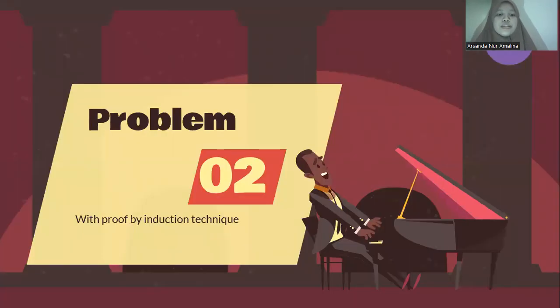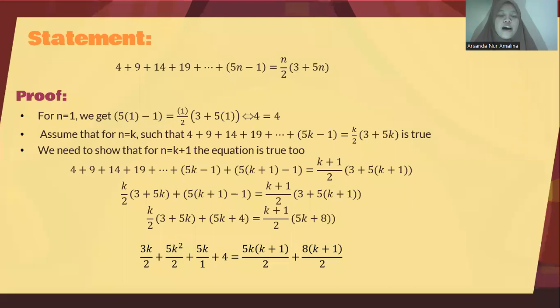Next, we are going to discuss the second problem with the proof by induction technique. We have the equality 4 plus 9 plus 14 plus 19 plus and so on plus 5n minus 1 equals n over 2 times 3 plus 5n. We are going to prove that the left side of this equality equals the right side.